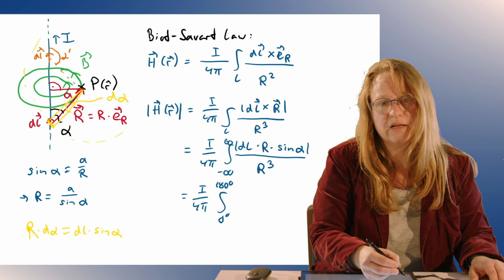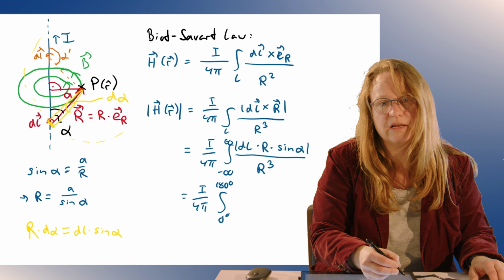And that is why we can use this second equation. So now we can write the dl also as a function of alpha, and we can put in this r from before, and therefore we obtain this by plugging both of these equations in.